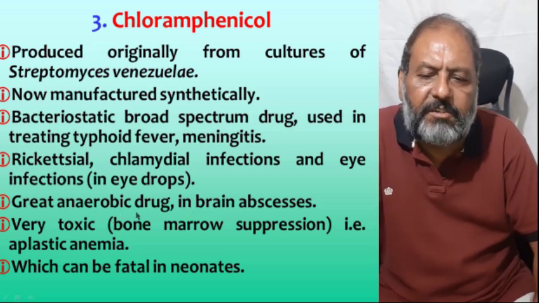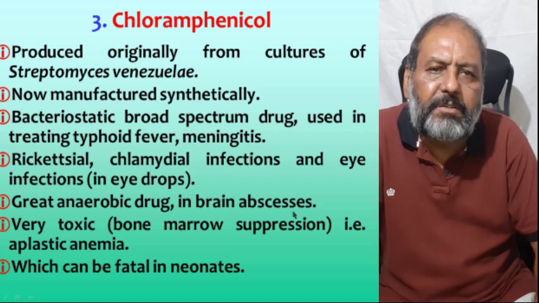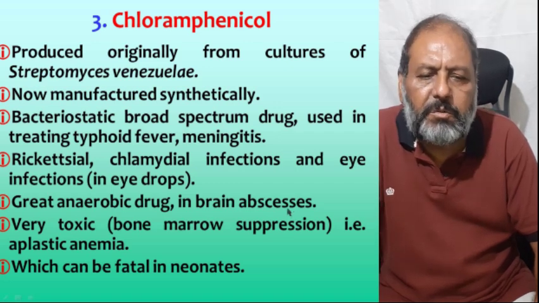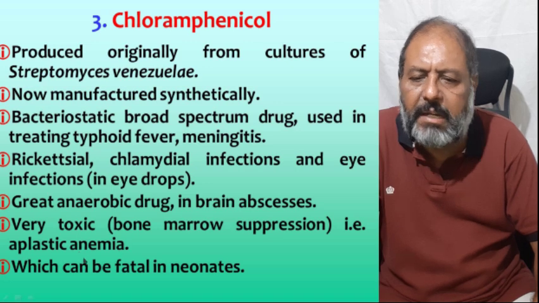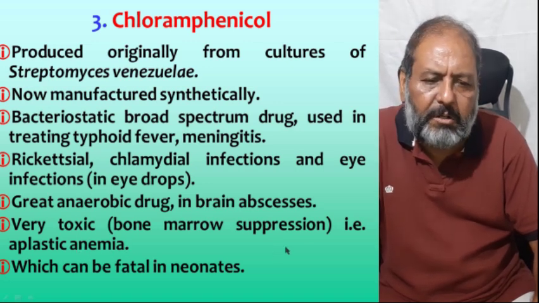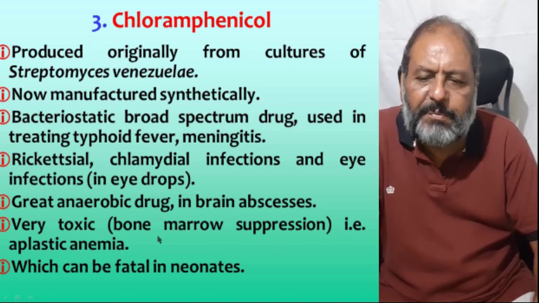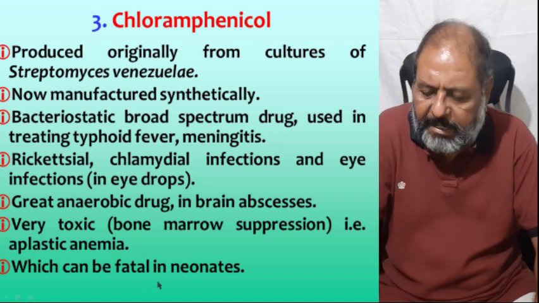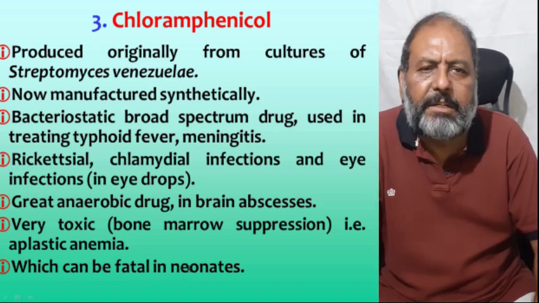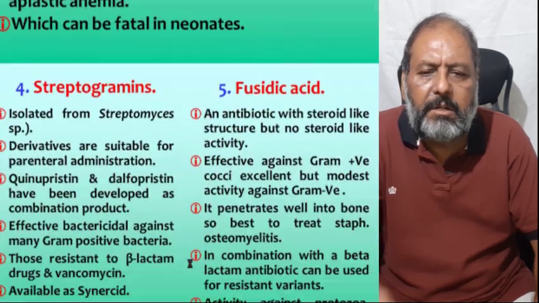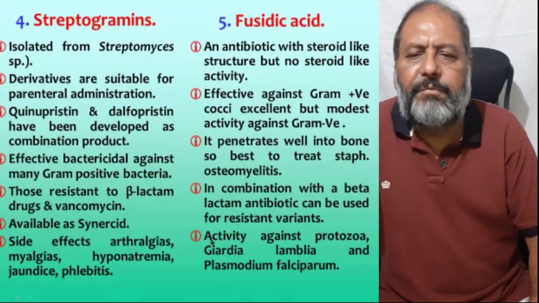Great anaerobic drug in brain abscess. Very toxic: bone marrow suppression and aplastic anemia, which can be fatal in neonates. So that's why it is being used very little nowadays, to avoid these side effects.